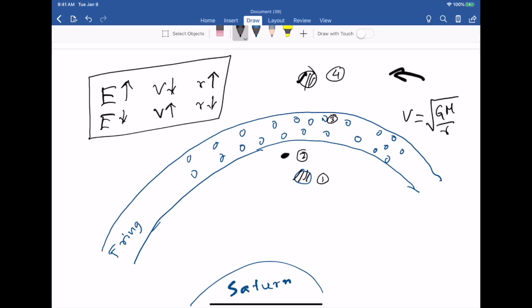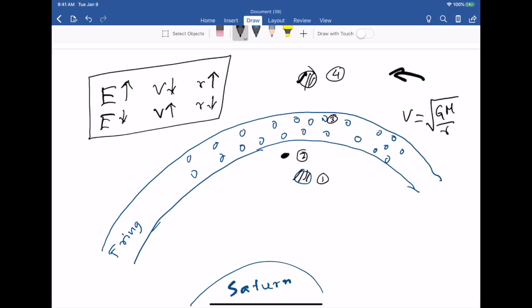All right, so the particle that strayed out of the ring, which is indicated by 2, would be moving faster than all the particles inside the ring, right? However, the inner shepherd moon would be moving much faster than the ring particle. So every now and then, the inner shepherd moon would pass by particle 2, and the inner shepherd moon is a large moon, right?